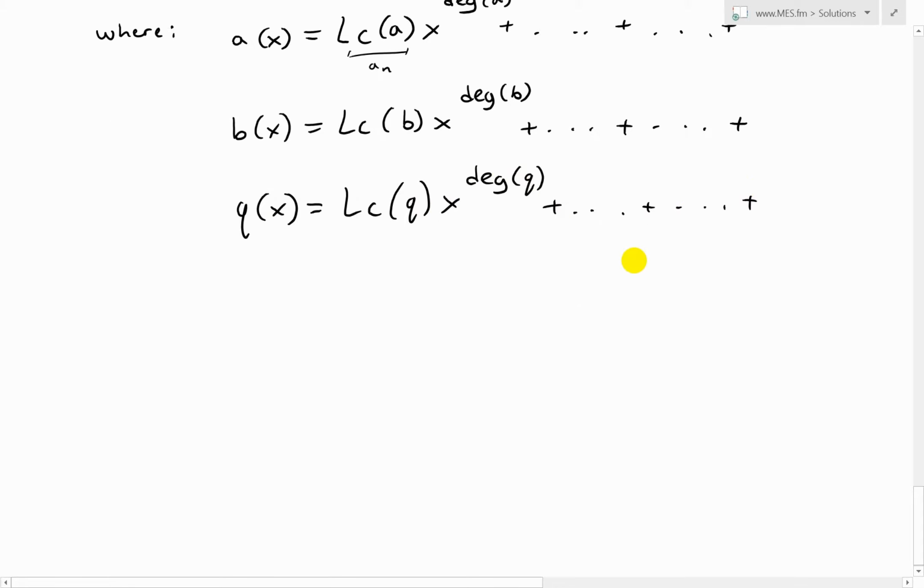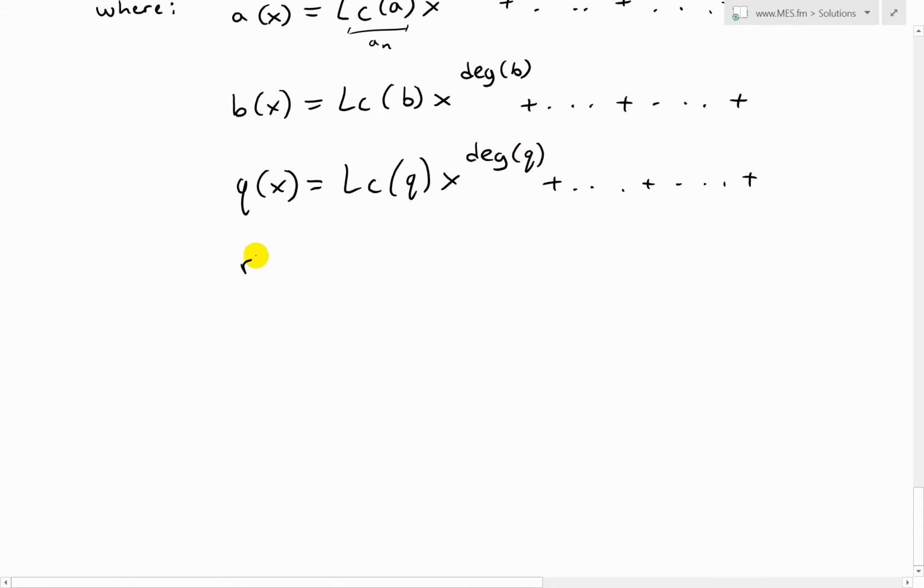This will make more sense as we get further. And now r, the remainder, is going to be similar: the leading coefficient of r times x to the degree of r, plus dot dot dot, and so on.